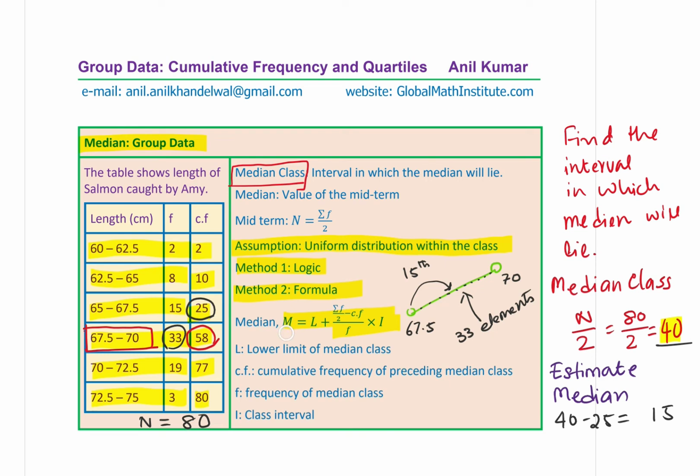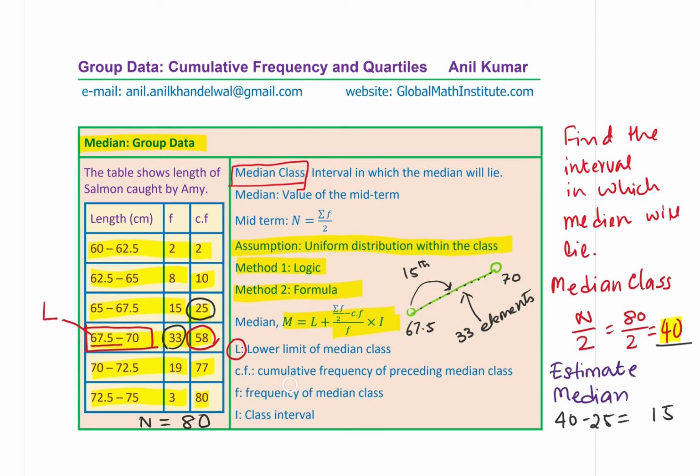It says that the median M is capital L plus (n by 2 minus the cumulative frequency) divided by frequency times i, where each term, let's define L, is the lower limit of the median class. That is the median class, and this value here will be L for us.